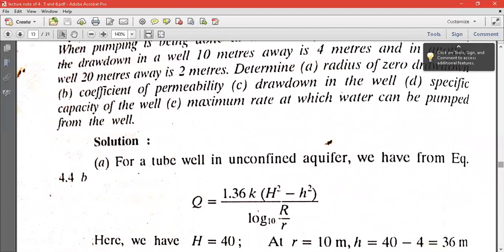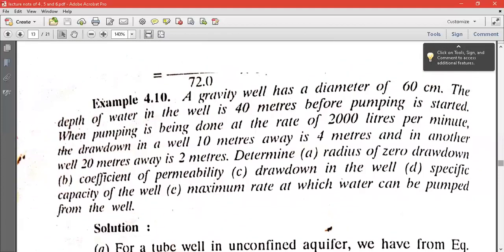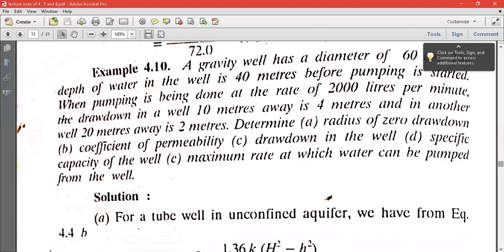First of all, since it is an unconfined aquifer. Why is it an unconfined aquifer? Because it is not mentioned as confined. Not only that, it is directly given that before the pumping started, the 40 meters aquifer thickness is given, which indicates that the aquifer is open to the atmosphere.